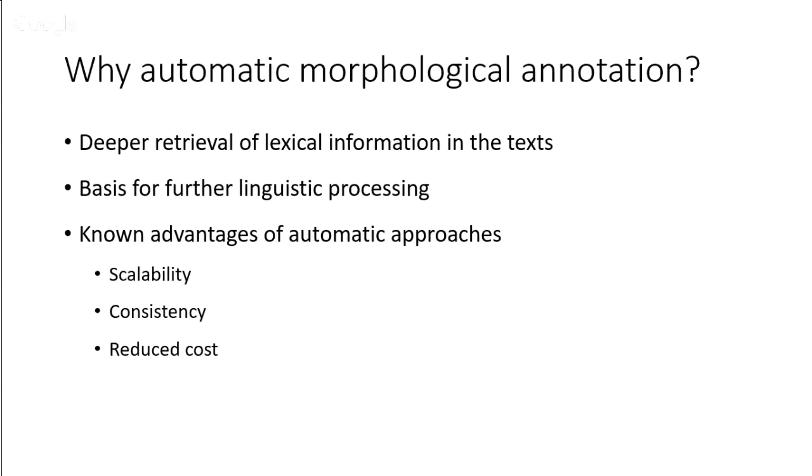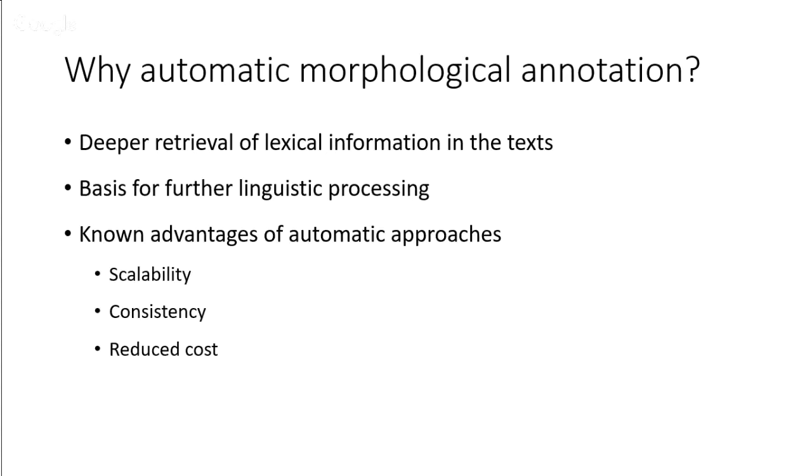So say I want to look at synonyms of amicus, then I may do some fancier semantic analysis. But if I don't have the morphological analysis in place, then I cannot go very far.